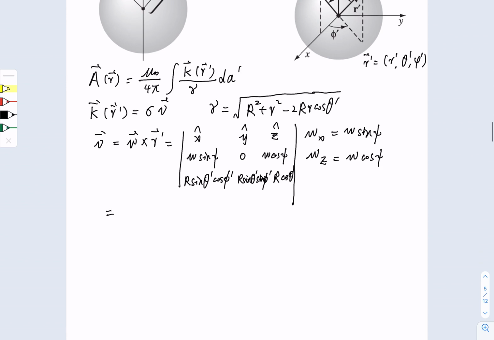Now let's write this out explicitly. There will be terms along the x, y, and z axes.